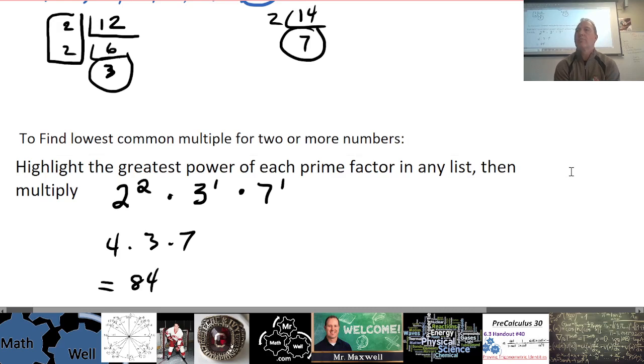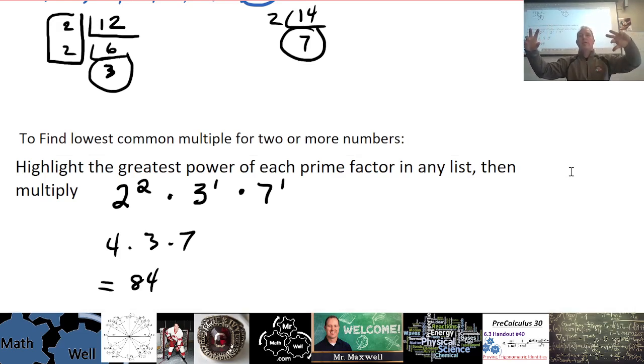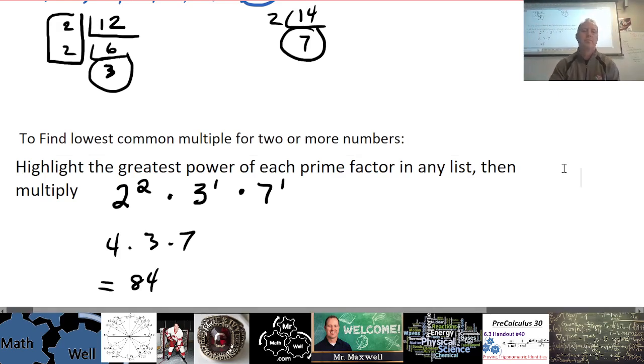So just the greatest power. If you had 2 squared in one and 2 cubed in another, you leave the 2 squared alone, and you just take the 2 cubed if that's the largest one. Okay?